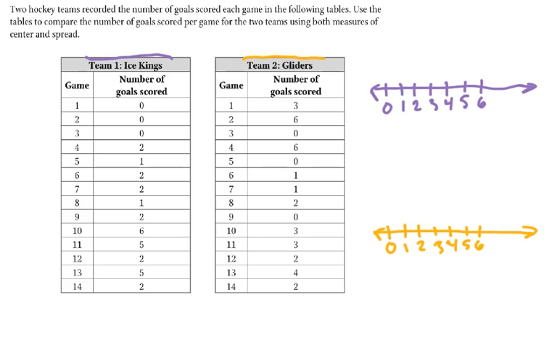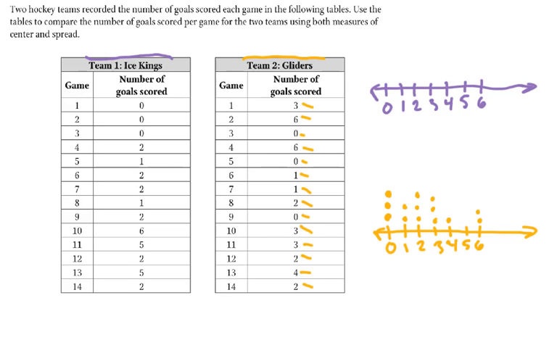Okay. So we've got 1, 2, 3. 1, 2. 1, 2, 3. 1, 2, 3 threes. Then 1, 4. And 2 sixes.